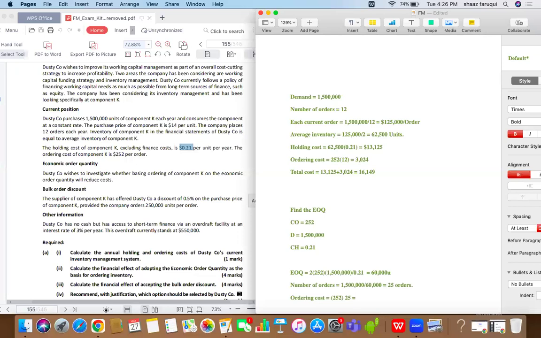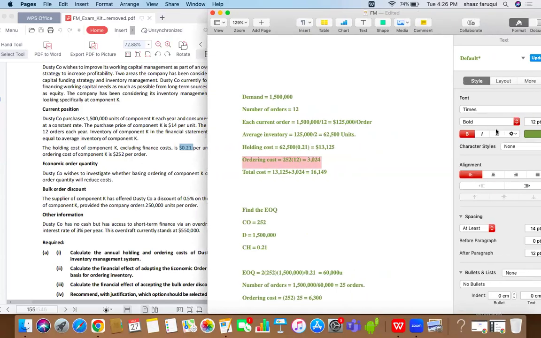Sobanjo? 6,300. Very good. So the ordering cost, as you can see, Sobanjo, presently it is only 3,024. But with the EOQ, the ordering cost has increased.